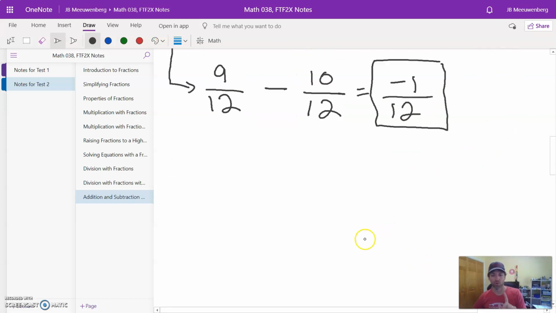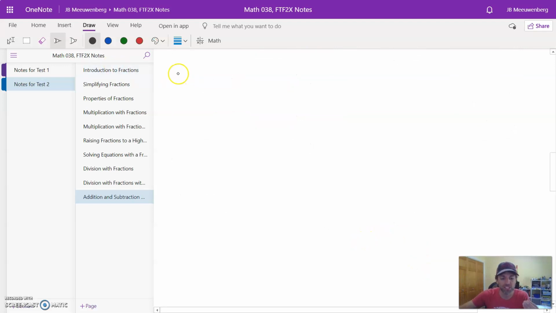Let's try one more. This one I definitely want you to pause the video and try yourself. 11/18 minus 7/24. See if you can build a common denominator using those prime factorizations. So I think about the number 18.